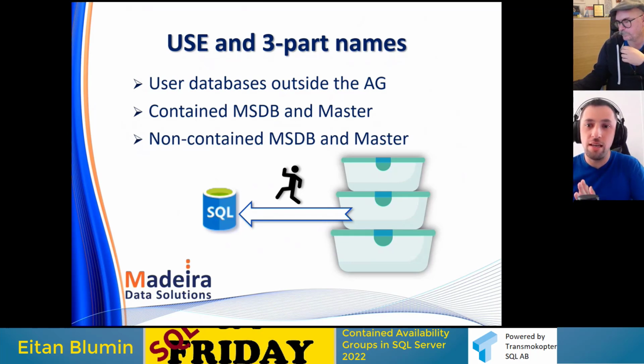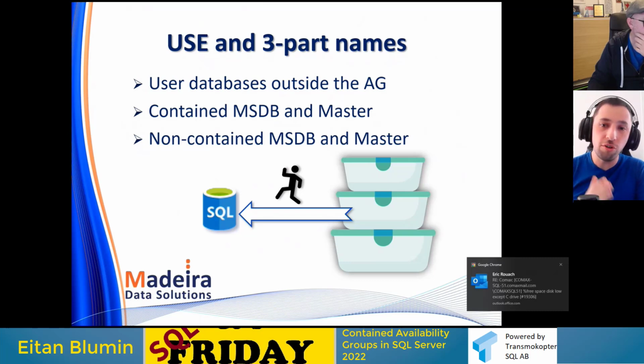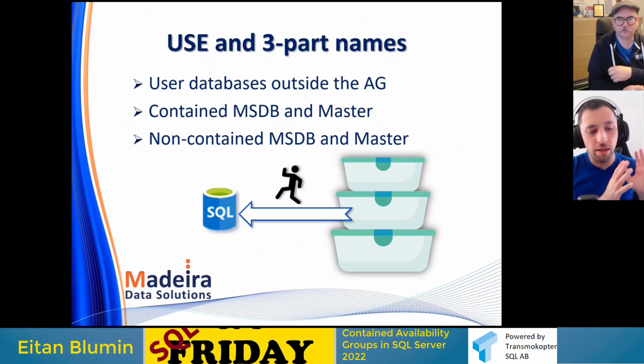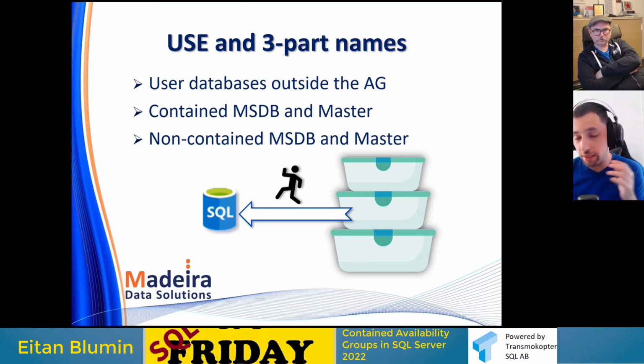For example, let's say that you have a Windows authentication login. And as you should know, Windows authentication logins are created with a specific SID that it receives from the operating system, from Windows, either from the domain or the local user account, doesn't matter. It's an SID which is consistent. So if you create the same login in the external instance and also inside the availability group, they would necessarily have the same SID.